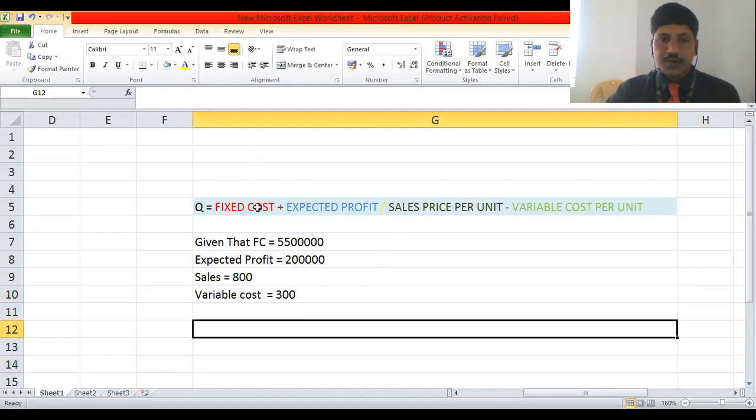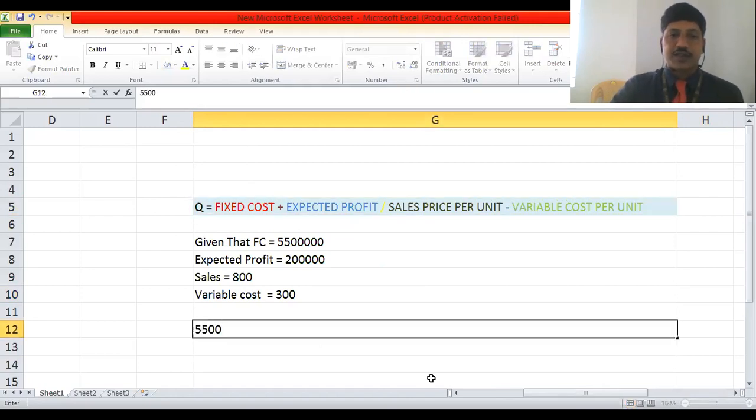If you see the formula, we require fixed cost. Fixed cost was given, yes. How much was it given? 55 lakhs. And that should be added with expected profit. Expected profit was 2 lakh rupees.